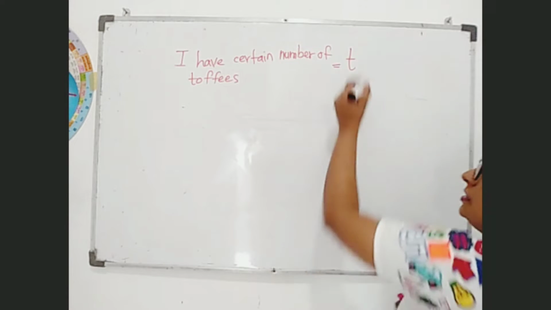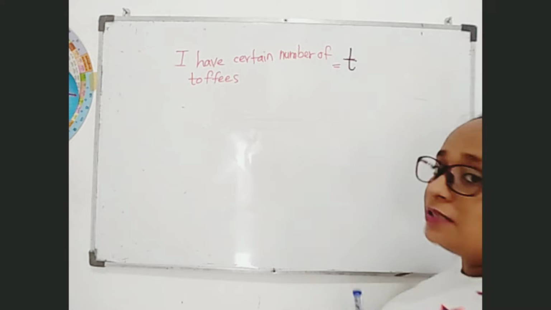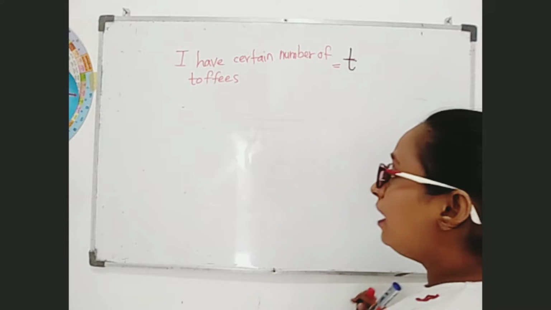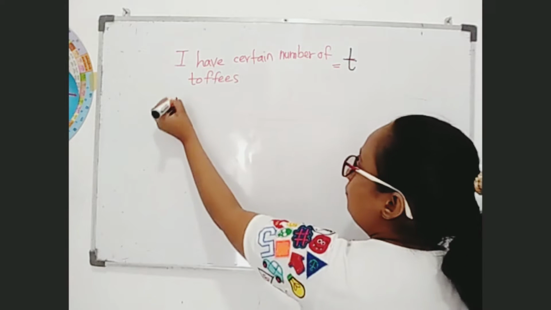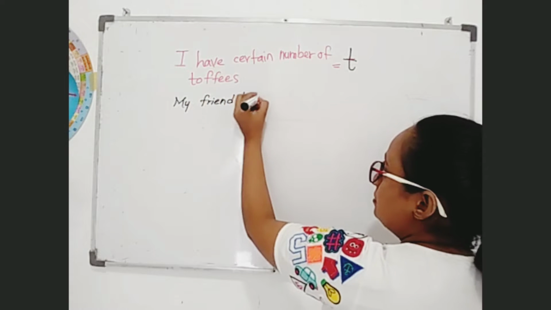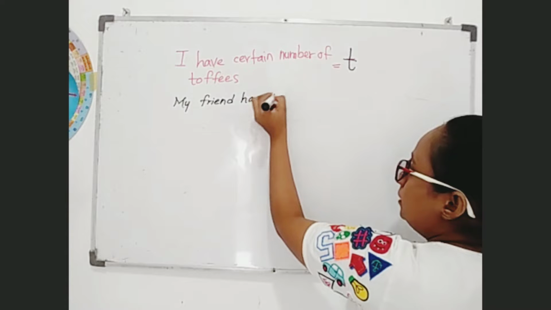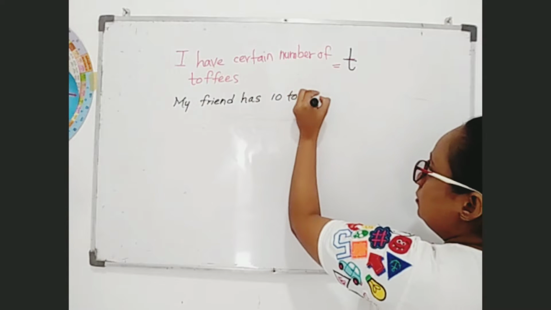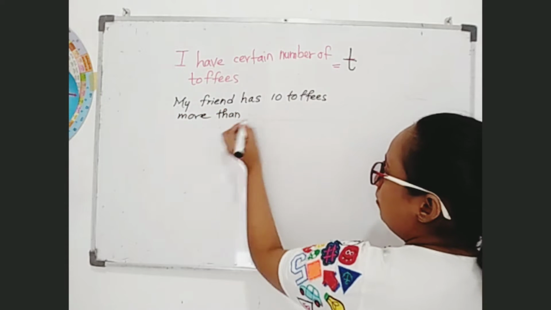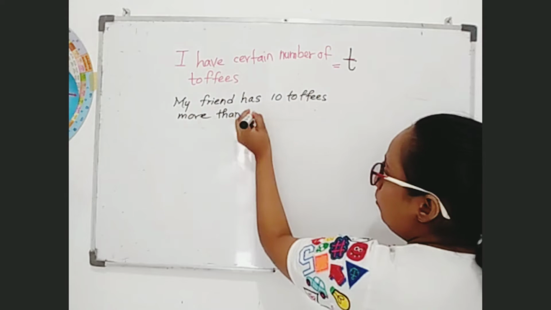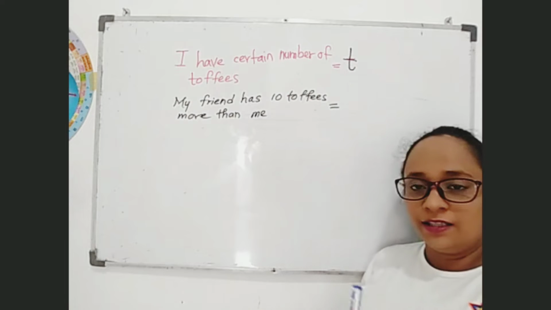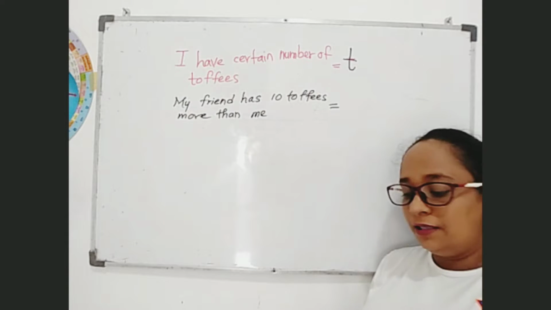I'm representing it using the letter T because it's an unknown value, a value I don't know. And my friend has 10 toffees more than me. My friend has 10 toffees more than me. Right? So how am I going to write this?